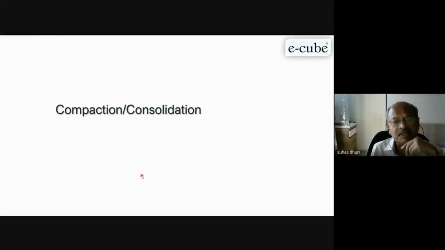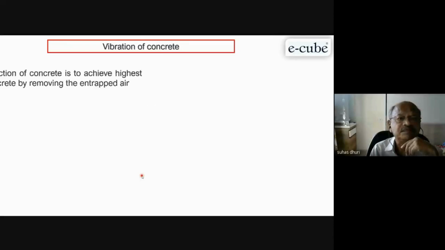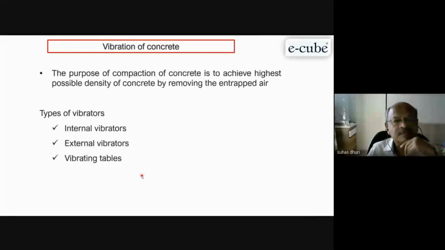Next, once it has reached there, comes your compaction and consolidation. The purpose of compaction is to get the highest possible density of the concrete by removing entrapped air. That is a very simple definition of why you do vibration of the concrete. But don't be influenced by the flow of concrete.